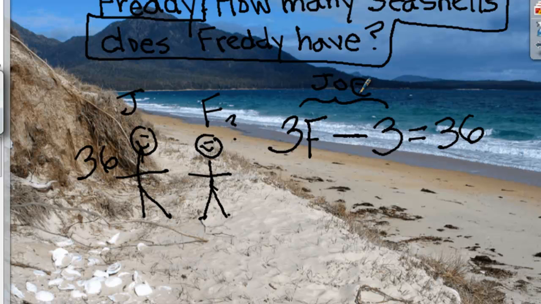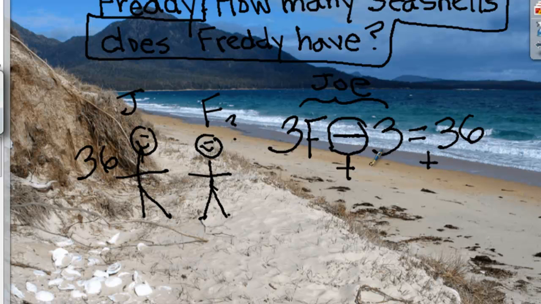So let's see what we have. We have 3f minus 3 equals 36. From what we've learned previously, we know that the inverse operation of subtraction is addition. So we're going to add 3 to both sides, and remember, we use both sides because we need to make sure the equation is balanced.